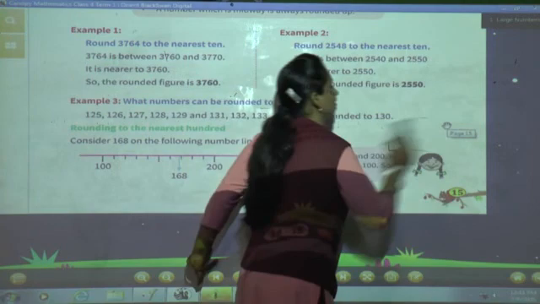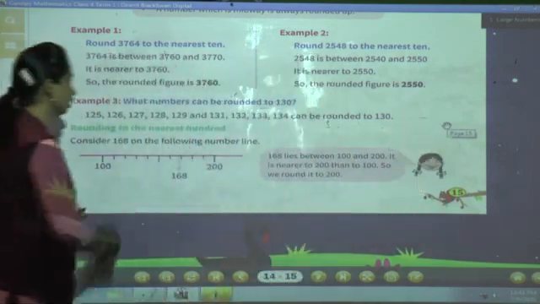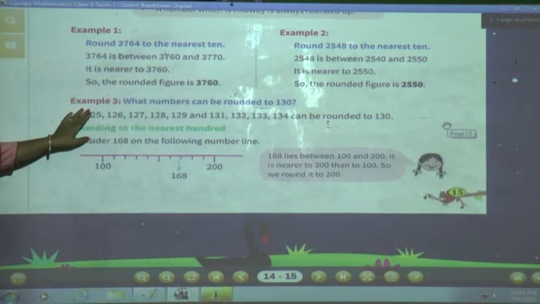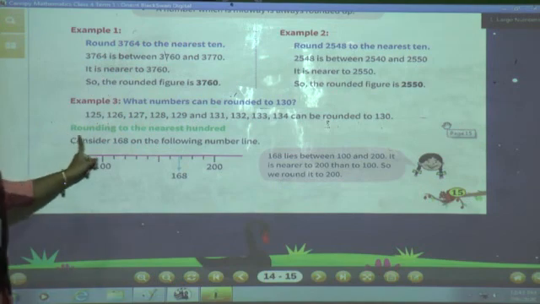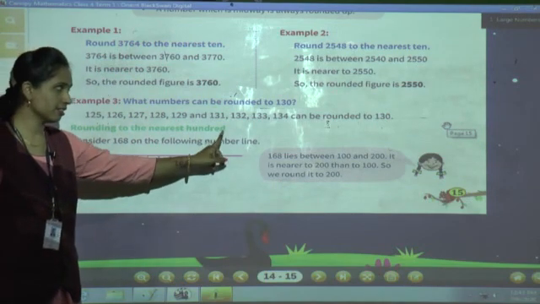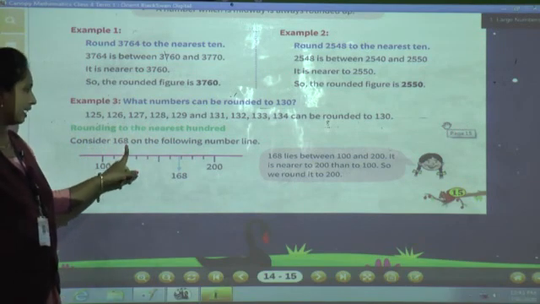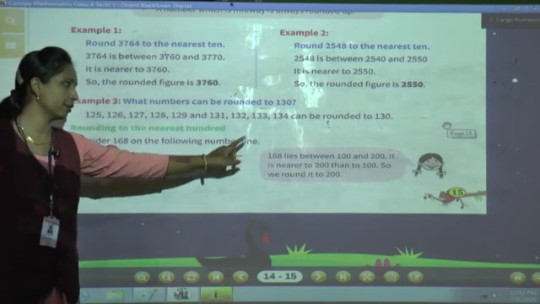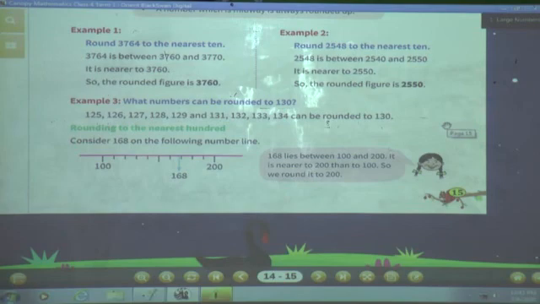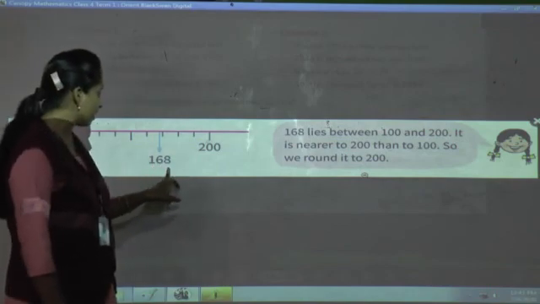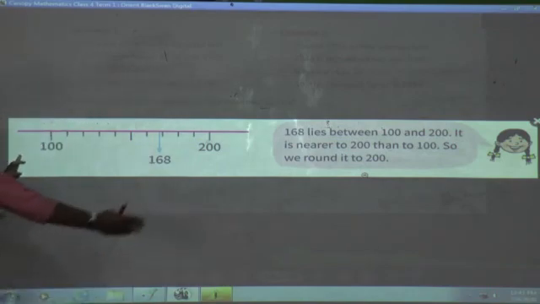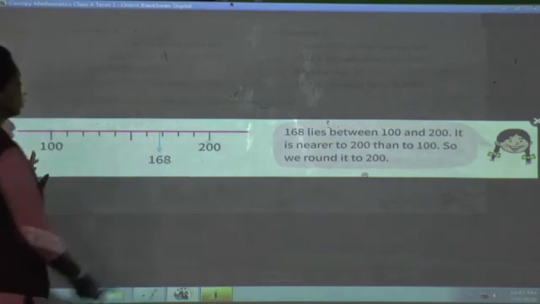Now we will take another example. Same way, we are going to see some examples. Rounding to the nearest 100. The question is, consider 168 on the following number line. Now see, 168 lies between 100 and 200.